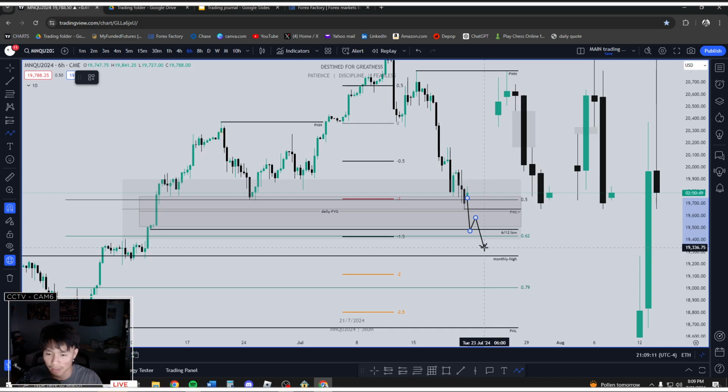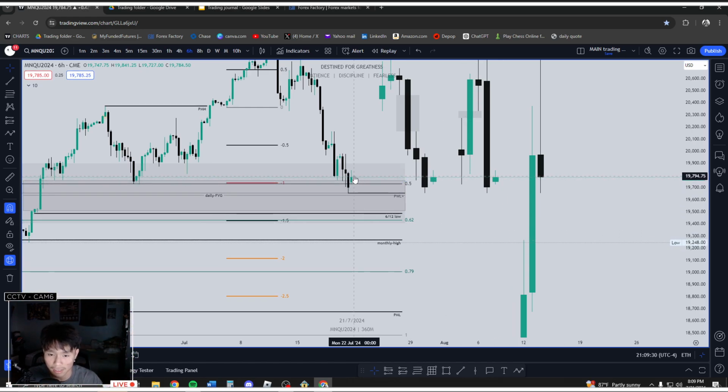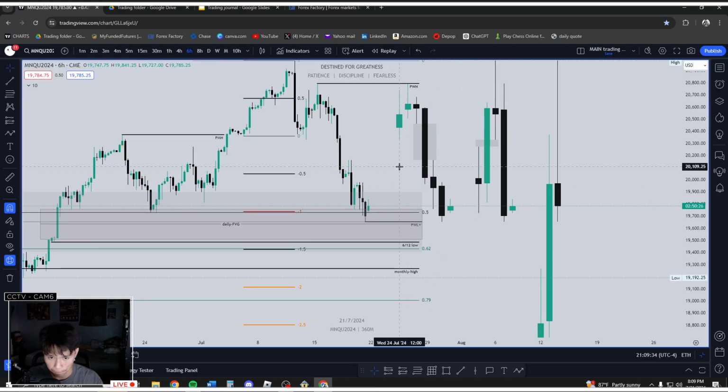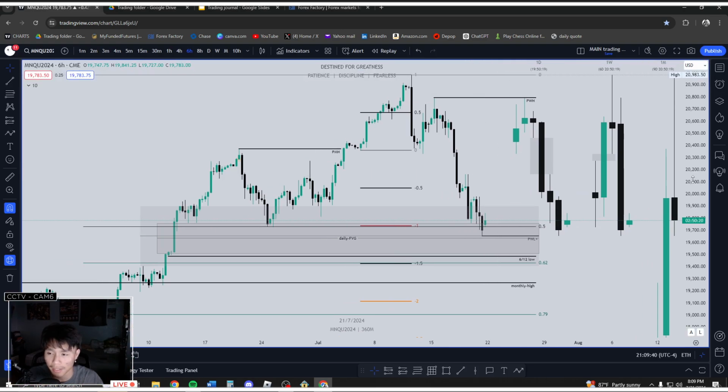We should see continuation lower, and after taking out previous week's low, I can see us take out June 12th's low and an immediate rebalance to this monthly high. That is what I would anticipate if we are going to see continuation to the downside. And that would basically be my NQ analysis.